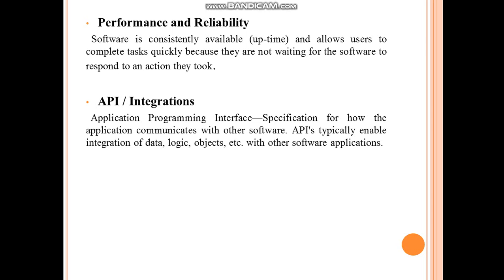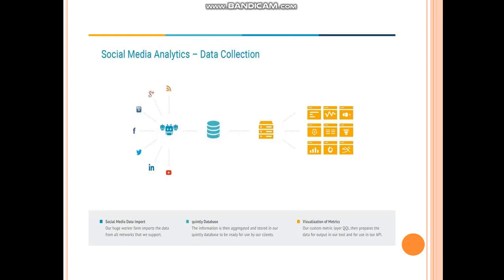Quintly is available all the time and it responds quickly, which provides performance and reliability. API integrations. Application programming interfaces are nothing but specifications for how an application communicates with other software. So it supports good APIs and integration.